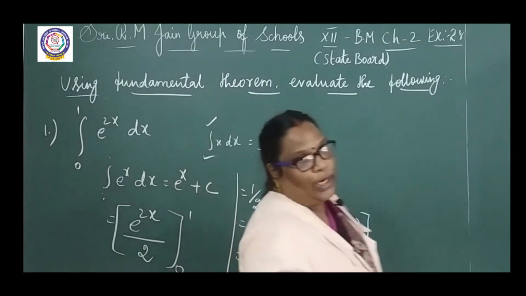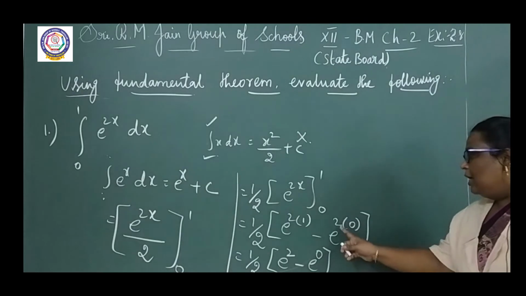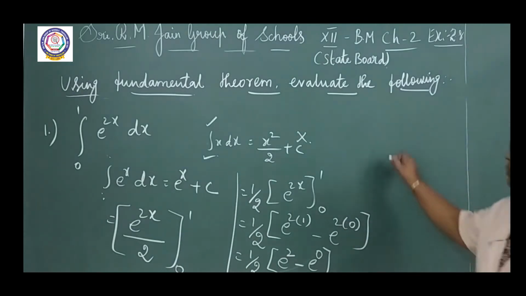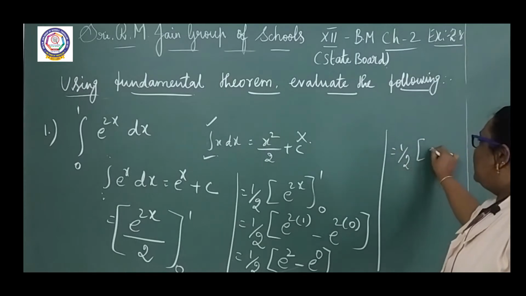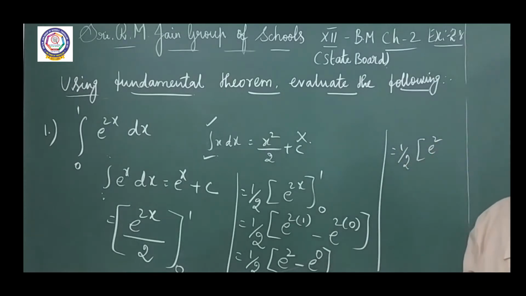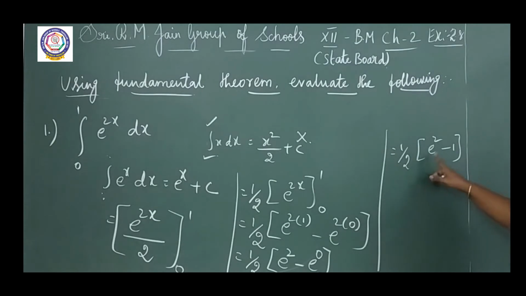E power 2 into 1 is e power 2, and 2 into 0 is 0. Anything to the power 0 is 1. So the answer for that sum is 1 by 2 into e square minus 1.